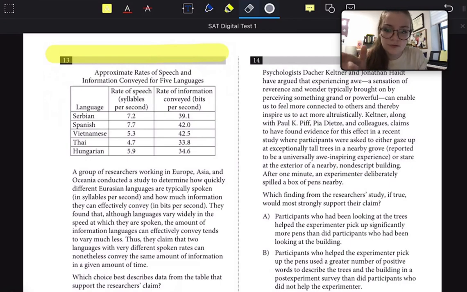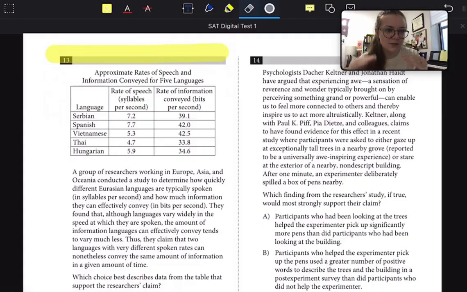So we'll compare Spanish and Vietnamese. Again, Spanish is spoken at a rate of 7.7 syllables per second, and you get 42 pieces of information. Whereas Vietnamese is spoken much slower, so you're only getting 5.3 syllables per second, but the rate of information conveyed is actually higher than that of Spanish.